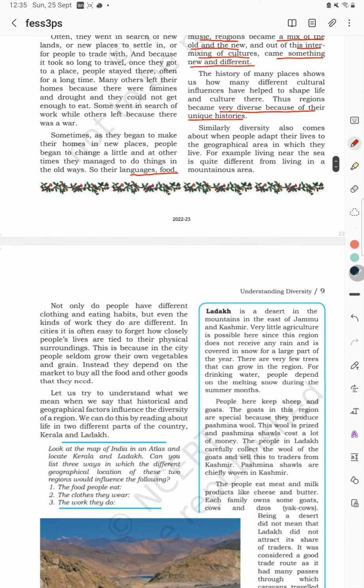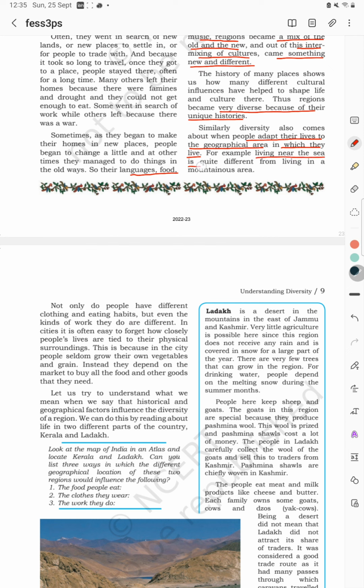Similarly, diversity also comes about when people adapt their lives to the geographical areas in which they live. For example, living near the sea is quite different from living in a mountainous area.